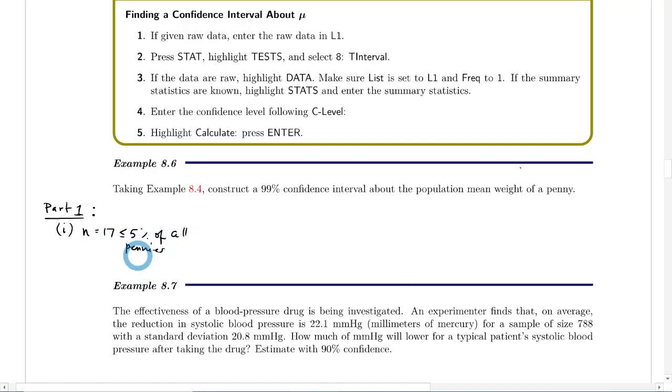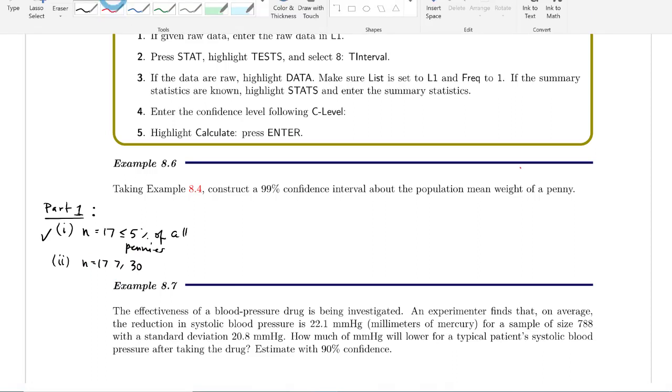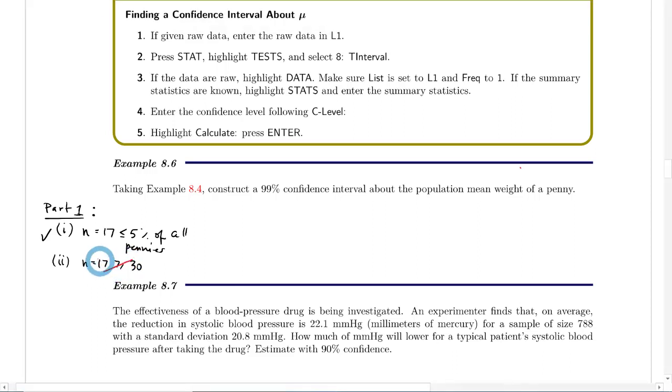I think 17 pennies is way less than all the pennies out there in the world, so that one is for sure done. The second part is making sure that, if it's not given to be normal, the sample size is greater than or equal to 30. And notice that this one fails. Don't even go into the distribution, just know that it fails at this point.